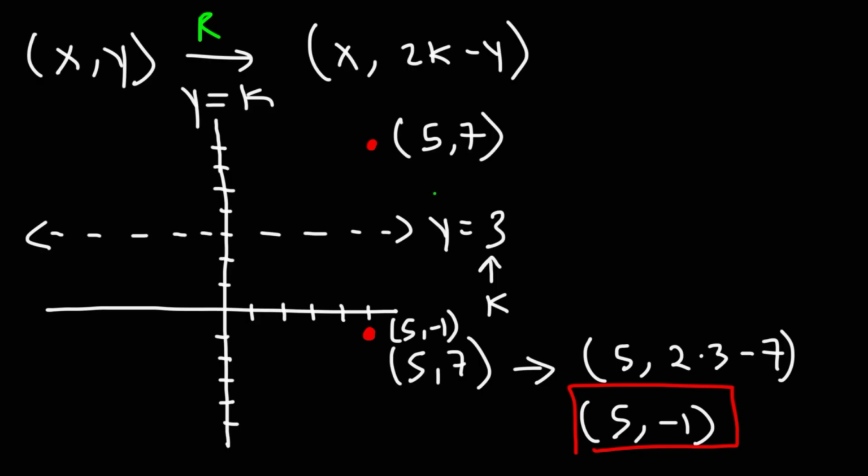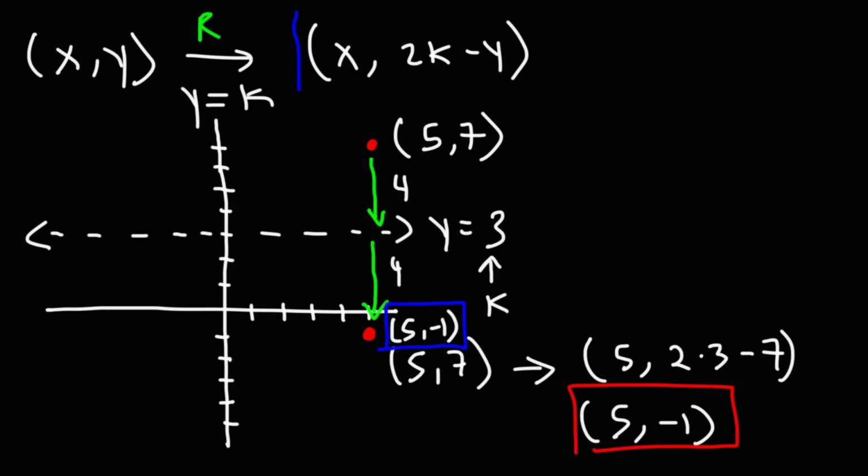And we can see they're equidistant from the line y equals 3. If we travel 4 units from 5, 7, it'll take us to the line y equals 3. And then if we travel down another 4 units, we're going to go from 3 to -1. So that will give us the point 5, -1.